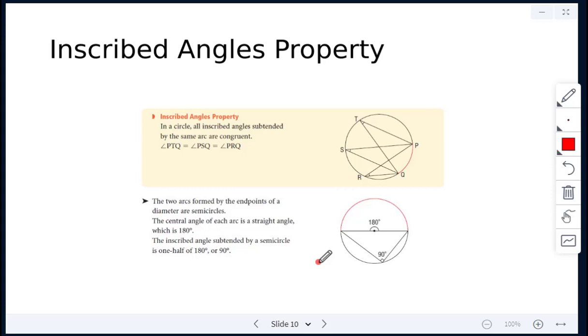And then we talked about how the two arcs formed by the endpoints of a diameter are semicircles. So this is a diameter, it forms a semicircle, half circle, half circle. Then the central angle is 180. Therefore, this angle, which is the inscribed angle, will be half that, which is 90 degrees. That is what we saw already.